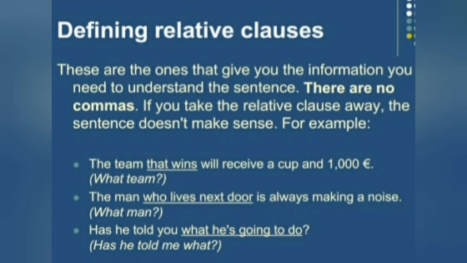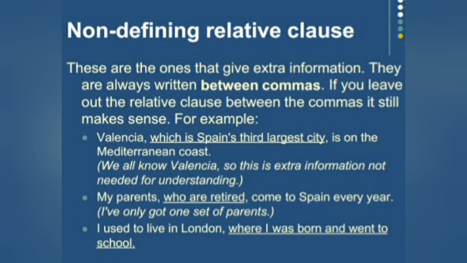Next we have non-defining. Non-defining clauses are the ones that give extra information about a person or thing which is not necessary for the meaning of the sentence.